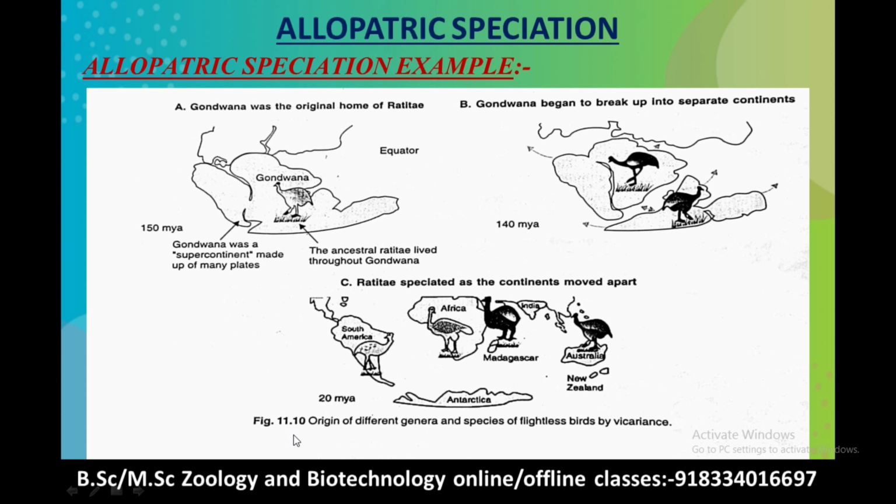This is the picture that you can see, friends. This is the origin of the flightless birds, and then they are distributed on different islands. Due to the distribution on different islands, they are prevented from reproducing with each other due to the presence of geographical barriers.